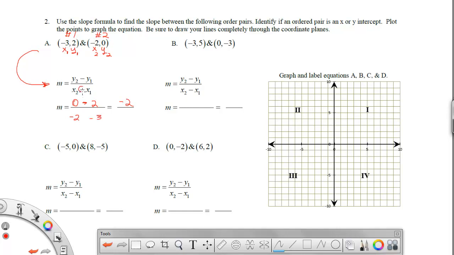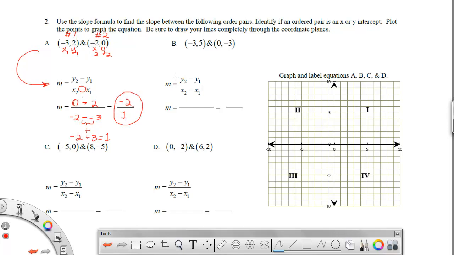And then this thing right here tells me I'm supposed to subtract them. Well, if we have a double negative, we know that it makes it positive. So this really becomes a negative 2 plus 3. So that should be a positive 1. So now the slope between these two ordered pairs is -2 over 1.